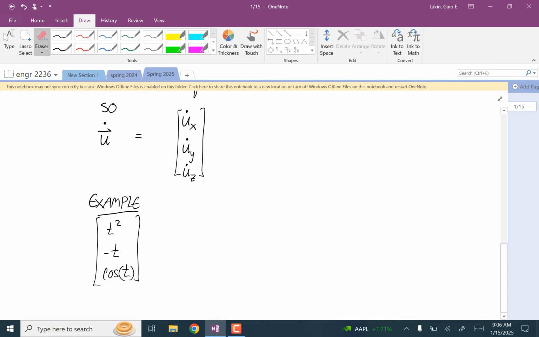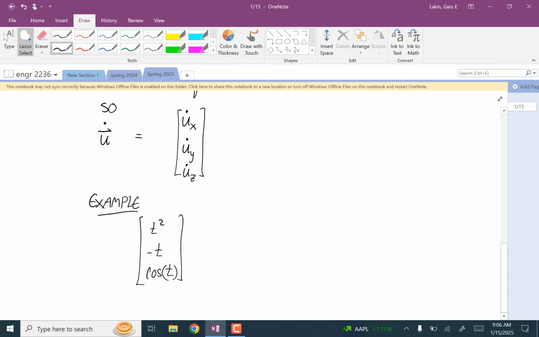And actually, let me say that this is, let's imagine that this is a position vector, given as a function of time, okay?